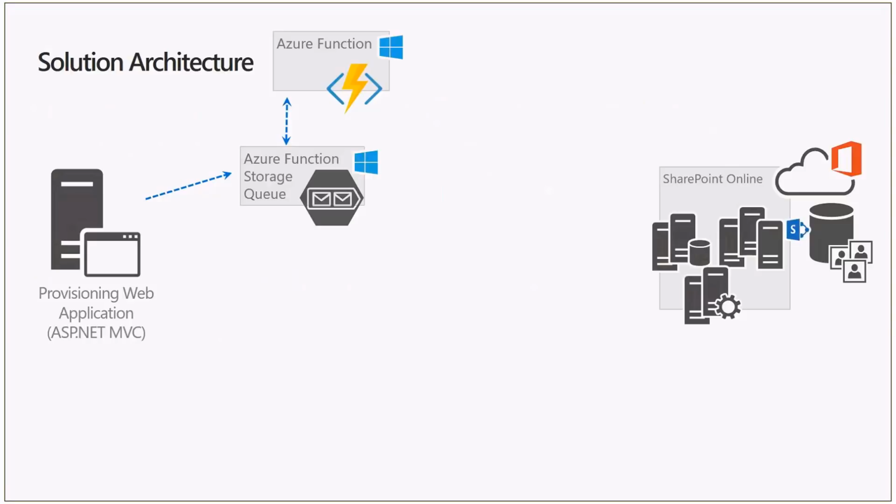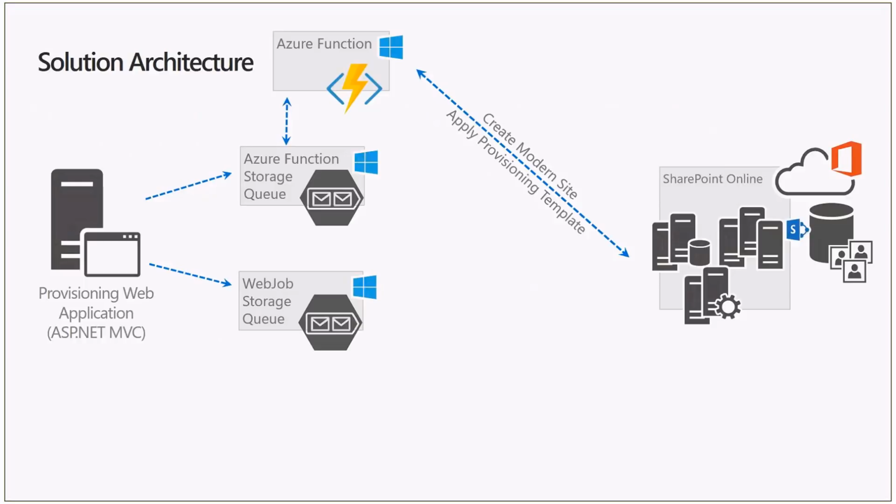And there will be an Azure function which will dequeue the message and create the real modern site using the programmatic approach, using the PnP core library, and applying a provisioning template on top of the just created site.